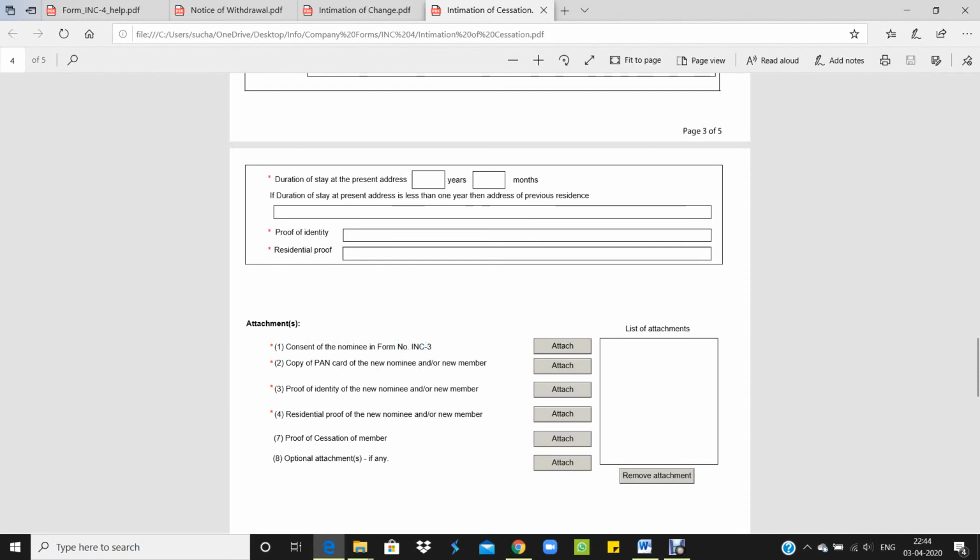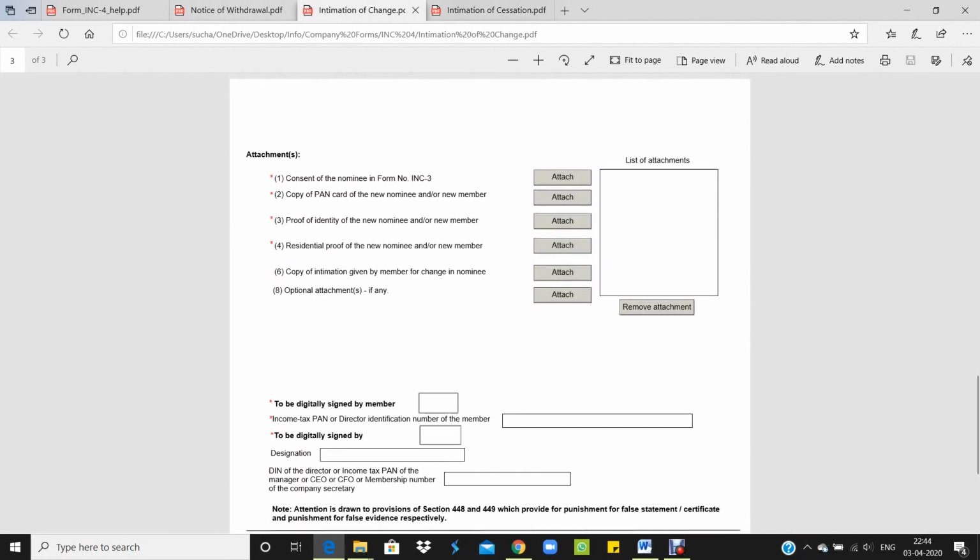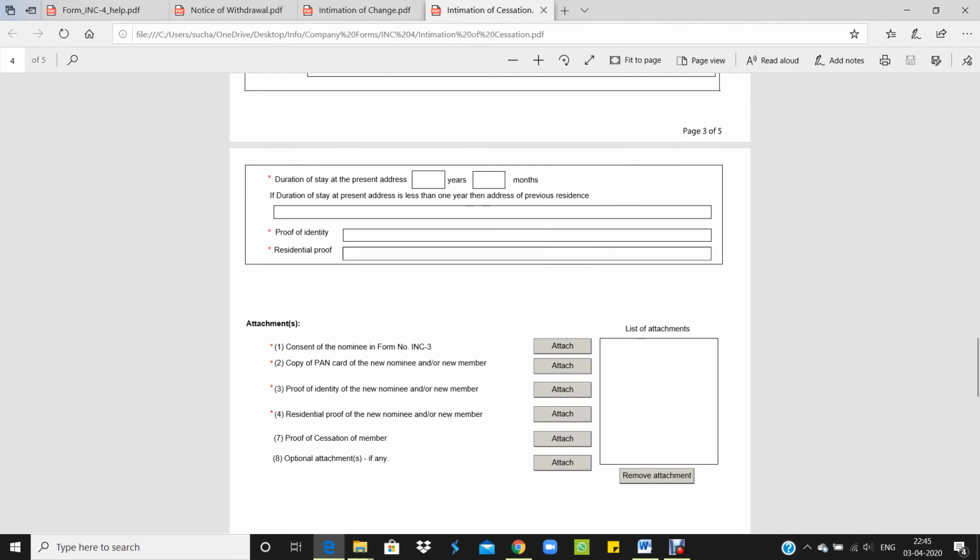In this case, what will happen? In the previous case, if we give only the PAN card of the nominee, that will be enough. Proof of identity and residential proof of the new nominee will be enough for both cases, like notice of withdrawal of consent and intimation of change of nominee. But in intimation of cessation, what will happen?